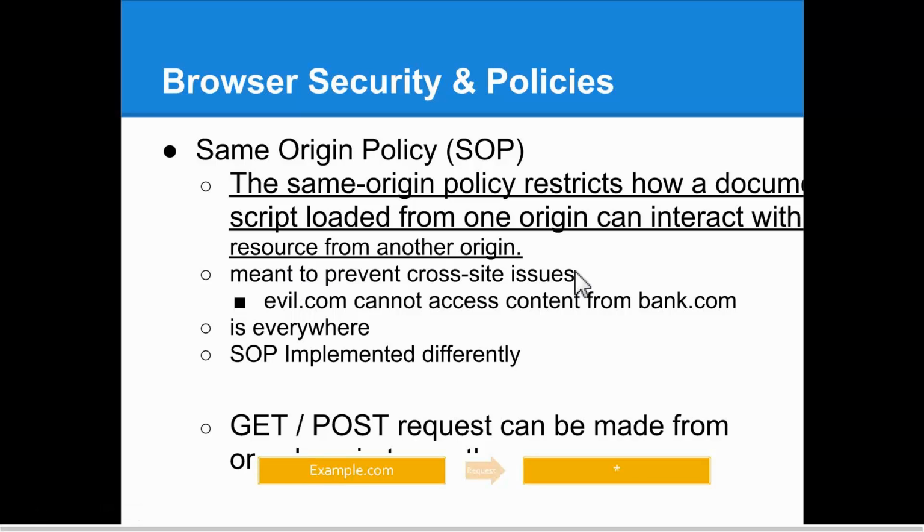So for instance, evil.com cannot access content from bank.com because this is a different domain. So same origin policy is implemented everywhere, not just in web browsers. And because of that, it gets implemented differently. So there may be little nuances in Internet Explorer that are different than Chrome, for instance.